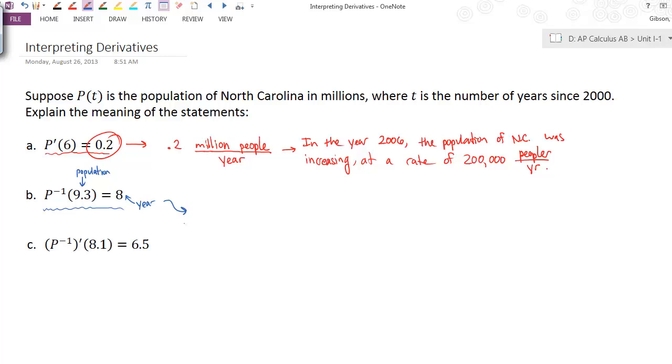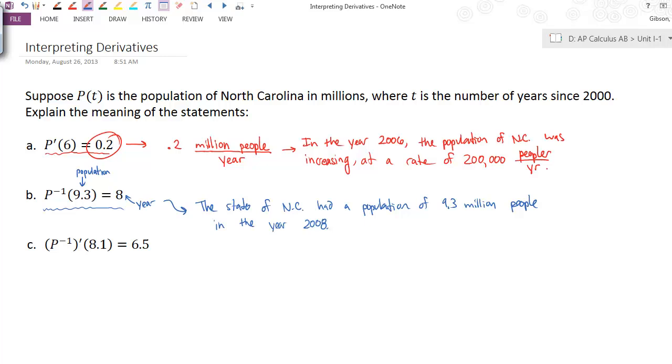So it's saying to us here that North Carolina had a population of 9.3 million people. Okay, and we're not talking about change, we're just talking about the way things work.